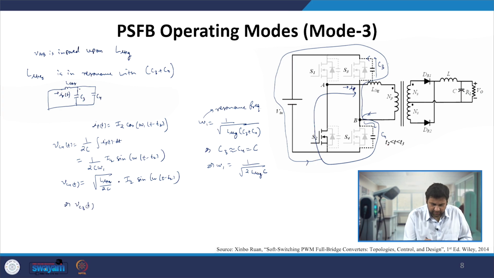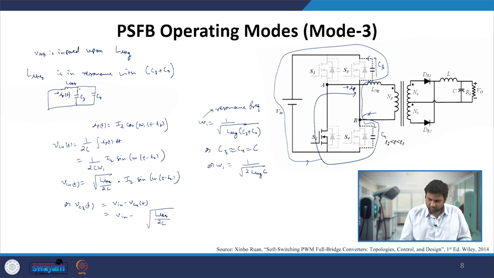And then we can calculate VC3. If we apply KVL in this loop, that will be nothing but V in minus VC4 of t, and that we can write as V in minus square root of L leakage by 2C. How did we get this square root?